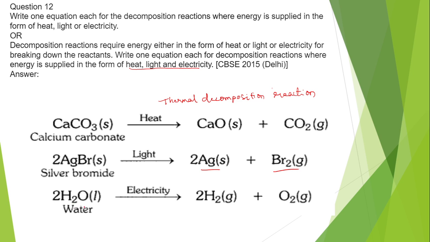Now third is water. On passing electricity, it will decompose to form hydrogen gas and oxygen gas. This is the third type of decomposition reaction, that is electrolytic decomposition. So we already wrote three examples, one each for thermal decomposition, photolytic decomposition and electrolytic decomposition reaction.